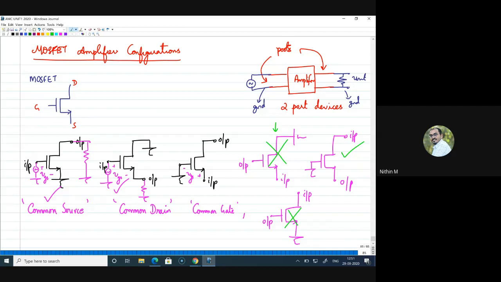Giving input to drain and sensing the output from the other side, keeping the other terminal as common. Yeah, your answers are right. VG is 0. Okay, that is one way correct, Karthik. But on the other way it is not correct also. I'll tell you why.